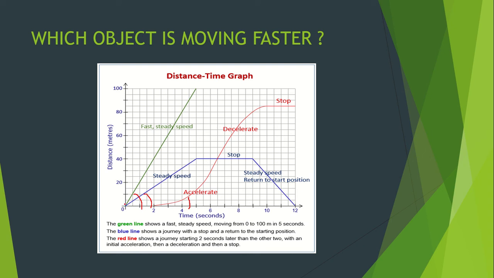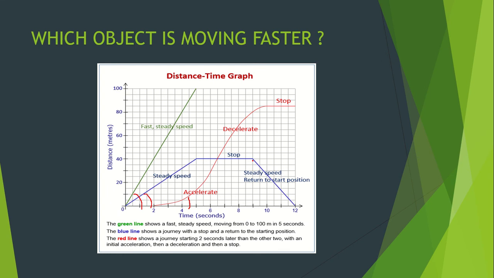Now one more thing you can note here, that this blue line is showing a steady speed, which means in this portion the speed is not changing. Then you can see the middle part of this graph is a line parallel to the time axis. It means the object has stopped for some moment, between 5 seconds and 9 seconds the object is not moving.